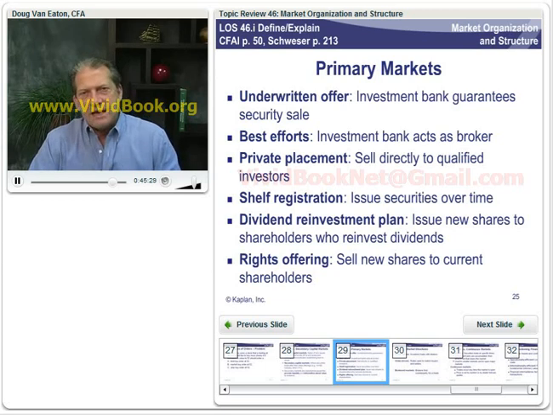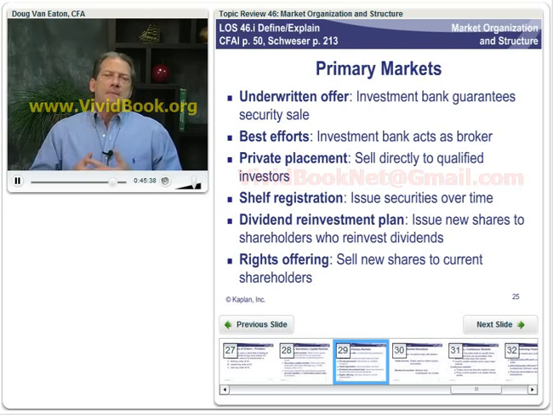A rights offering, we say here, sell new shares to current shareholders. If we're going to offer a secondary offering, we've got a stock that's already trading, we're going to issue some new shares, these rights are granted to existing shareholders.